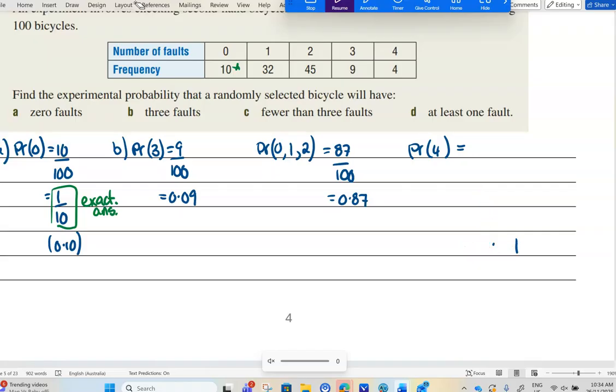At least 1 fault would be a probability of 1, 2, 3, or 4. So if you add all these numbers up, it was 90 out of 100, or 9 out of 10, or 0.9. Very good.